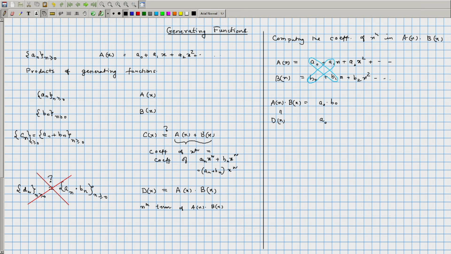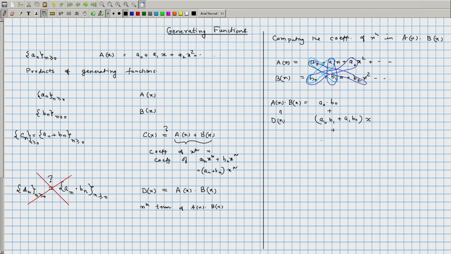So, I will write this as A0 B1 plus A1 B0 times x, and the next term, the coefficient of x square, will essentially be A0 B2, A1 B1 and A2 B0. So there is a nice pattern in the sequence.